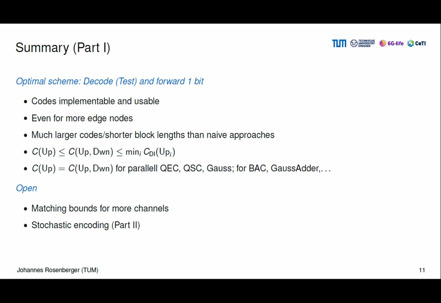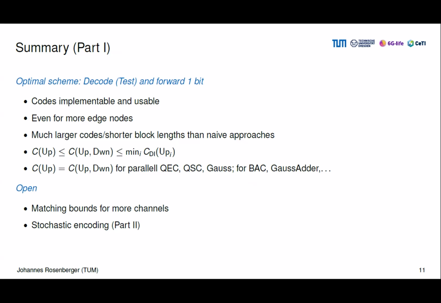And so here you see the slightly more general version of what I showed you in concrete numbers. The capacity of the network for this consensus test is lower bounded by the capacity of only the uplink. That's what we used in the achievability. And it's upper bounded by the deterministic identification capacity of each uplink.